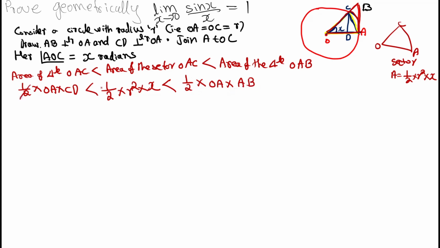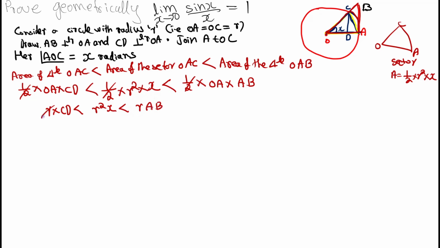Here 1 by 2, 1 by 2, 1 by 2 get cancelled. Then OA is nothing but the radius of the circle, and we are taking radius equal to R. So here I can substitute R into CD, which is less than R square into x, which is less than R into AB.